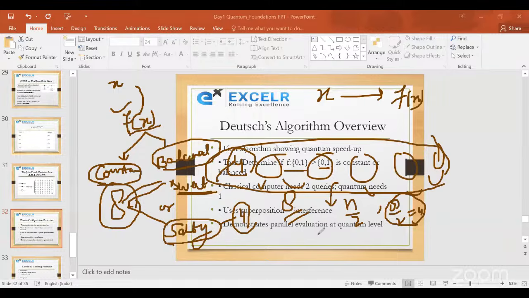The quantum will take only one spoon. He will take a little bit from here, from here, from here, all in one step.